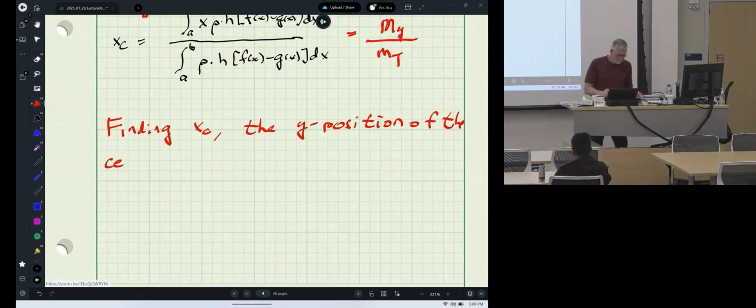Why did you come disconnected? Come on. Y position of the center of mass. You should just write COM here.